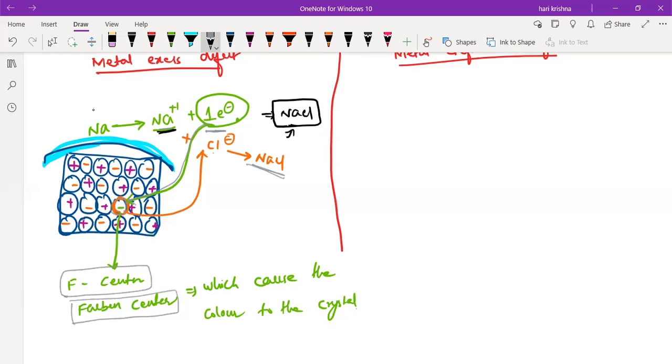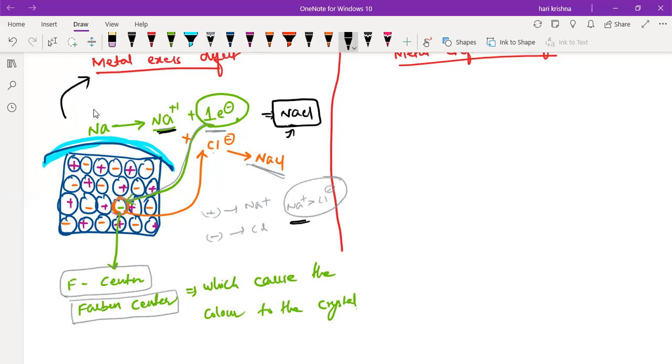Plus charges are the Na+, right? Minus charges are the Cl-. But when Cl- went to the surface, Na+ ions will be greater than Cl- ions, right? So if the Na+ ions are greater than Cl- ions, there will be metal excess in the given solid.